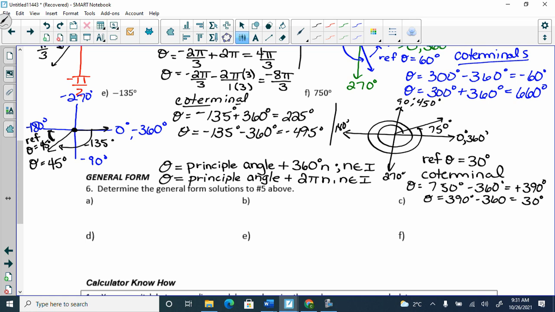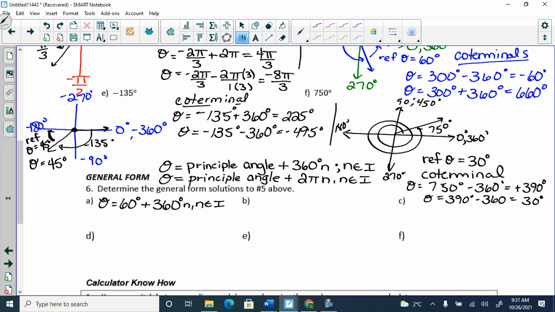So I'm going to go theta equals 60 degrees, and because it's in degrees, I'm going to go plus 360 degrees n, n an element of the integers. And we're going to do general form later for actual answers as well, not just coterminals. It's only with coterminals that you add 360 or 2 pi, because that's making you land on the same terminal arm.